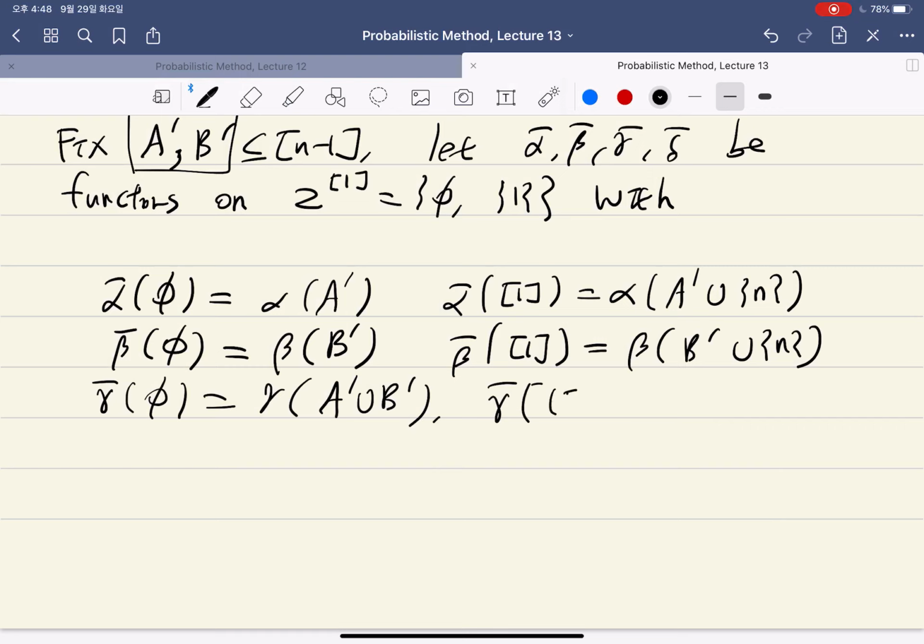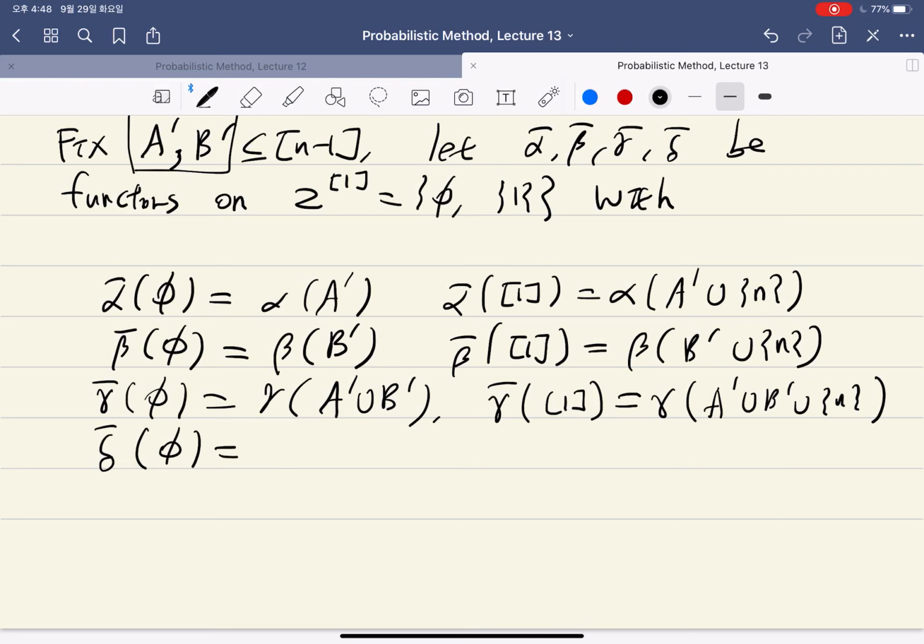And whenever we are evaluating the function on this bracket 1, we actually evaluate the function on the set which contains the last element n.